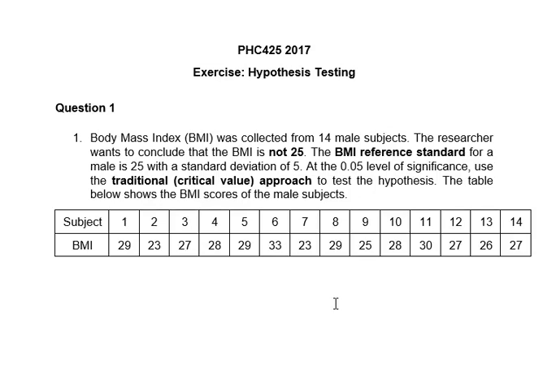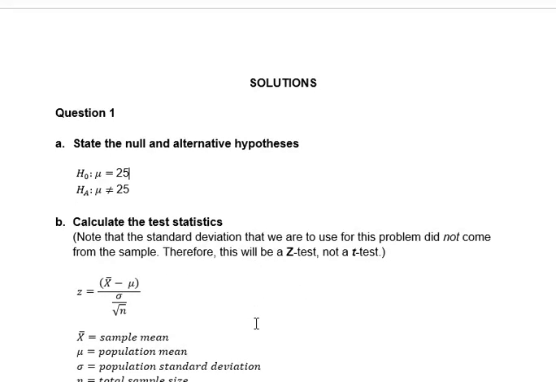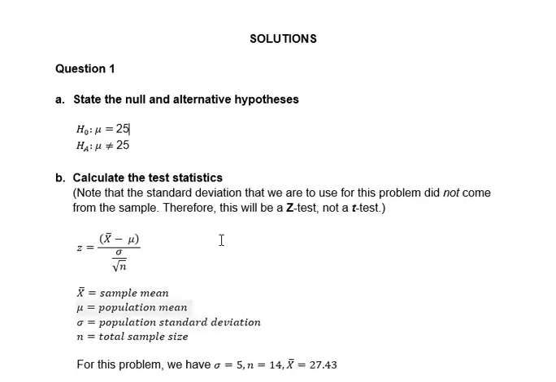For this example given to you, the reference standard deviation for the male is given, which means this is a Z test where the standard deviation comes from the population. So this is the formula that we can use.